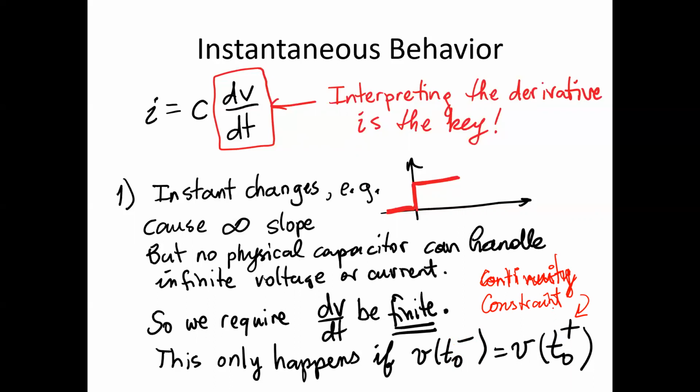We must require continuity, which means that the voltage immediately before the event should not change when we look at it immediately after the event. This prevents any sudden changes or mathematical discontinuities in the voltage function that would cause an infinite derivative. If you did something like that in real life, it would cause your capacitor to blow up. The capacitor wouldn't be able to pull voltage that way.